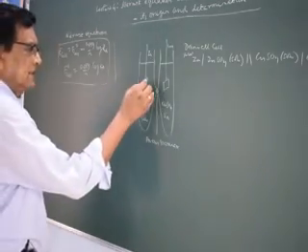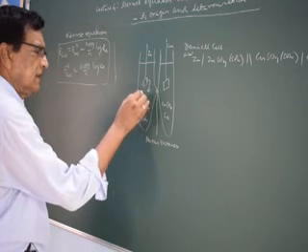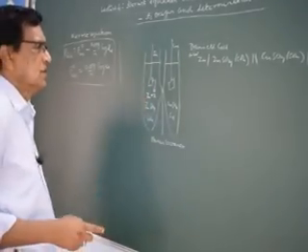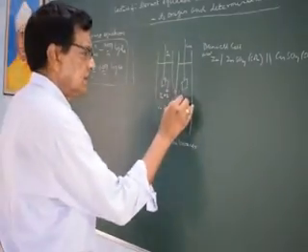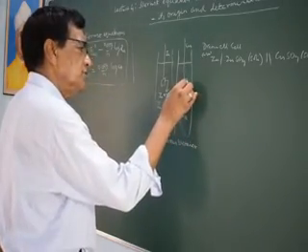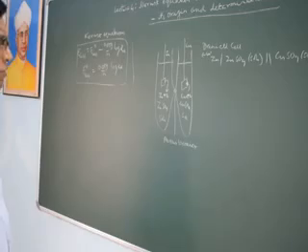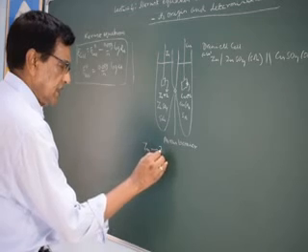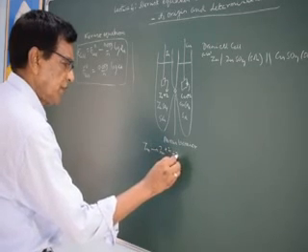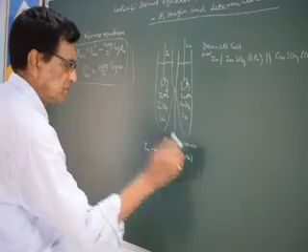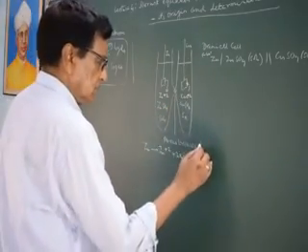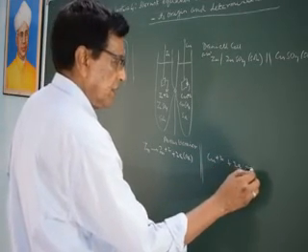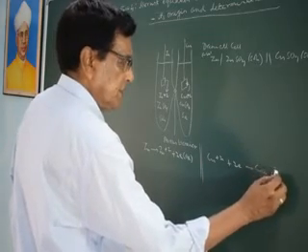Here some zinc ion is coming up or dissolved from the zinc plate, and here some copper ion will be deposited on this plate. So the electrode reactions we can write: Zn goes to Zn2+ plus 2e, and it is oxidation. And Cu2+ plus 2e giving copper, and it is the reduction.